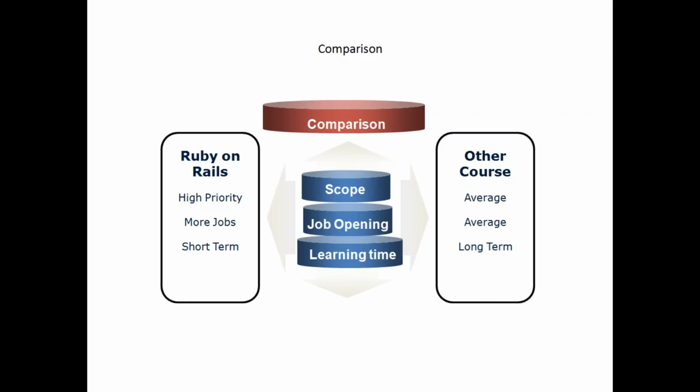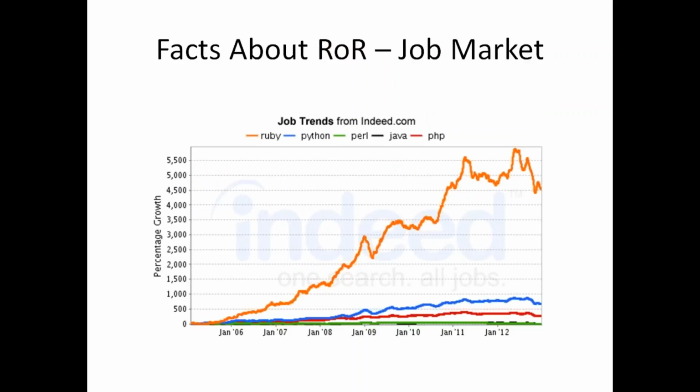But you should know some facts about the job market. In the last few years, Ruby related jobs have had a high trend in the market. Especially if you take the last 10 years, from January 2006 to 2016, Ruby related jobs are very high paying jobs, and there are lots of openings in the job market.